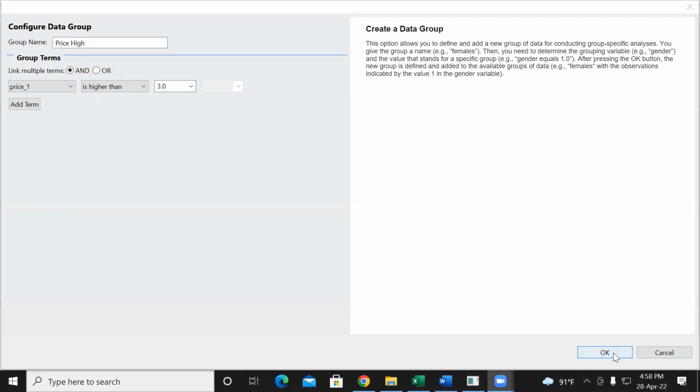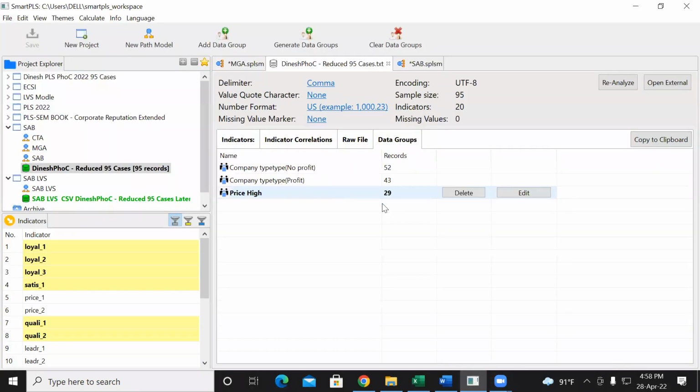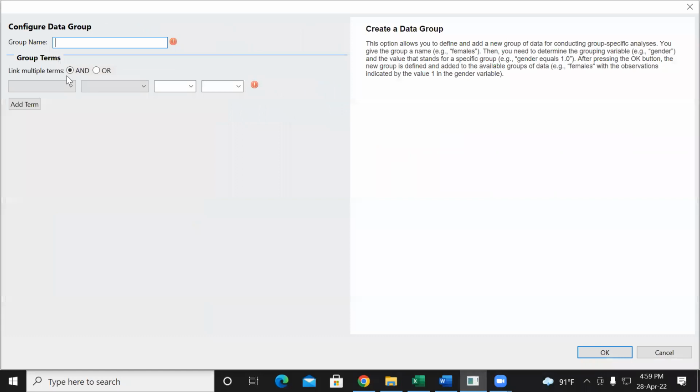So many groups you can create as per your requirement. Now you can see, right? That is also added. If you want, you can edit that. I add another group. Price low. Same variable I select.